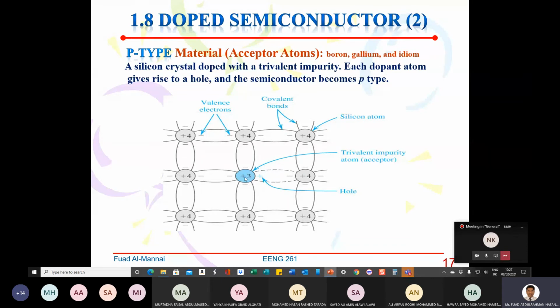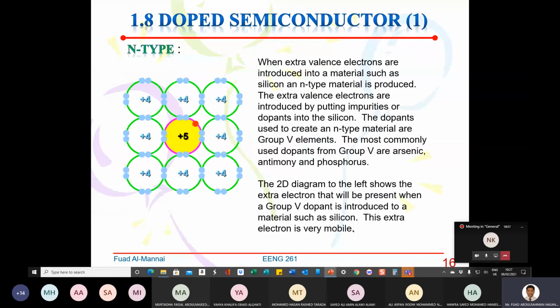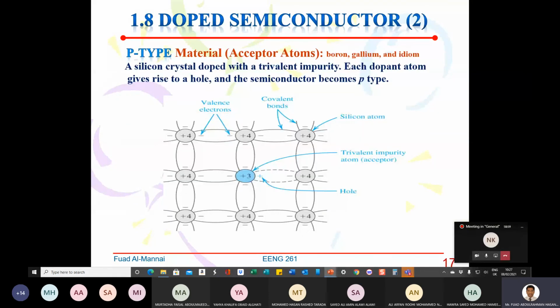So we call these acceptor atoms. The majority carriers in the end product, the P-type we just created, are holes. That's the majority carriers in the P-type. Any questions? Okay, so we created N-type and we created P-type.